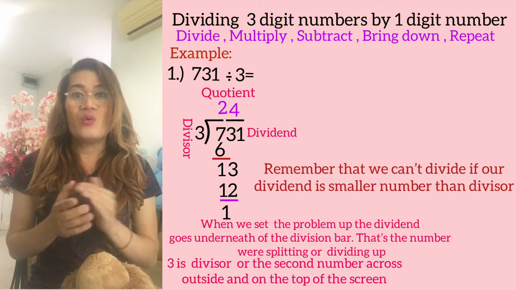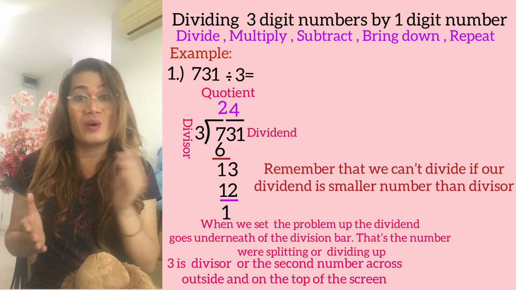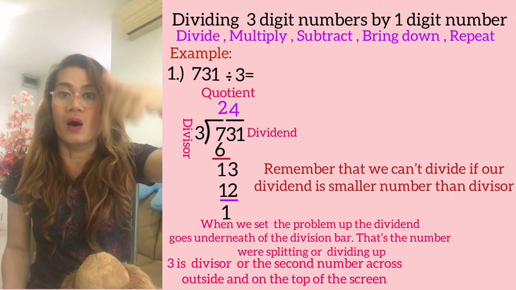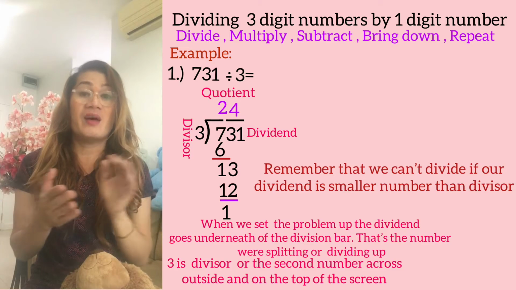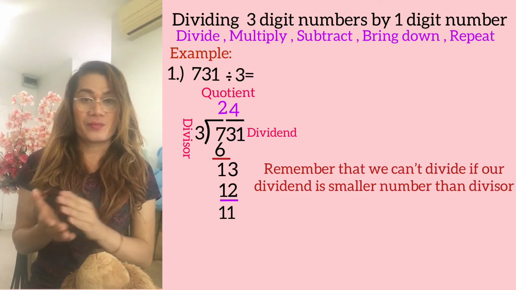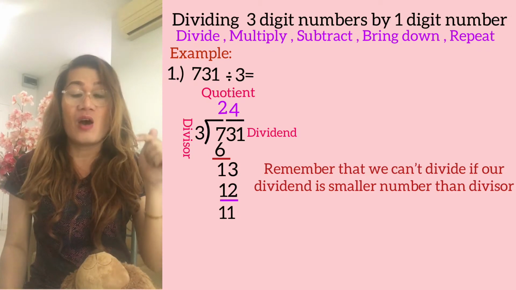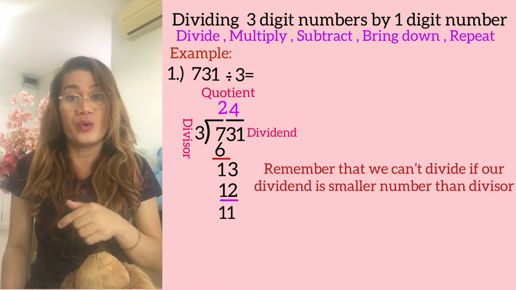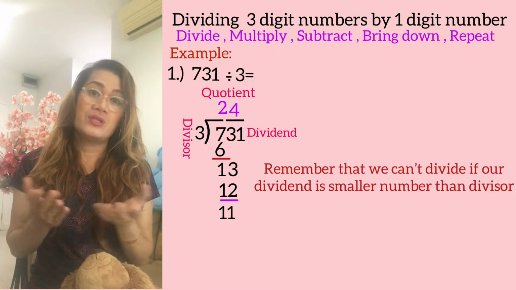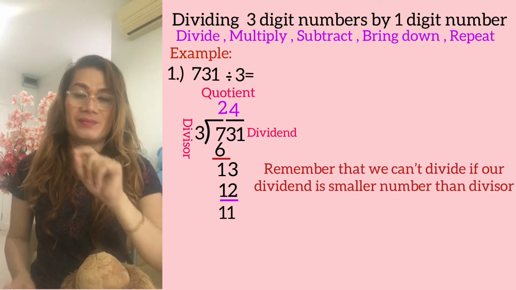Again, we can't divide because our dividend is smaller than our divisor. So we bring down our number 1. Now we have 11. 11 divided by 3: how many whole groups of 3 can we pull out of 11? We have 3.